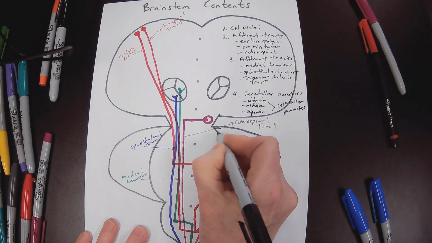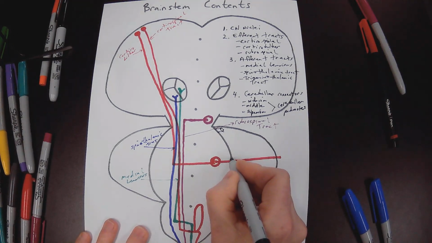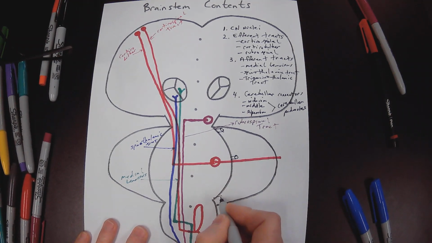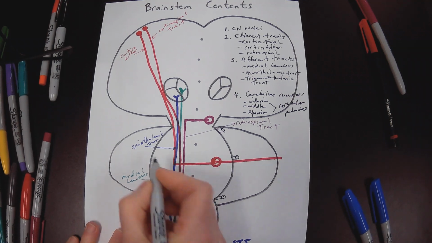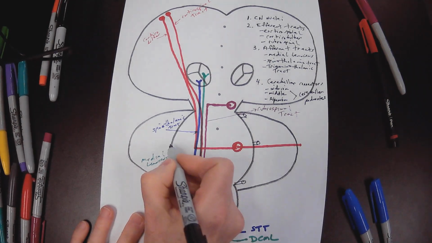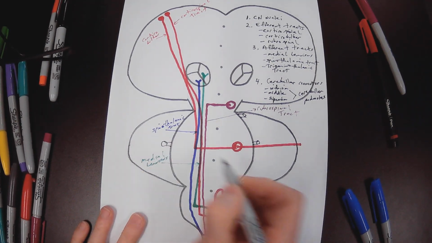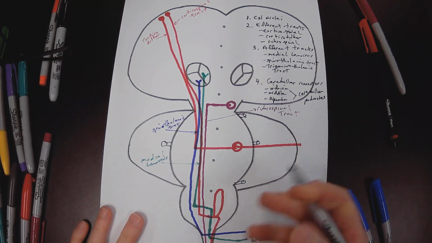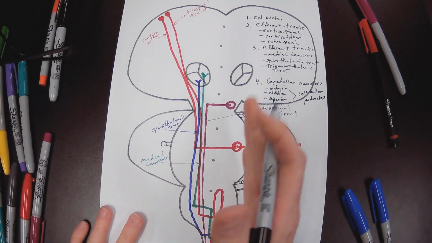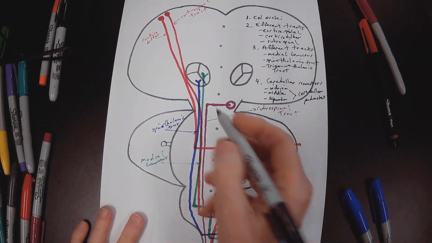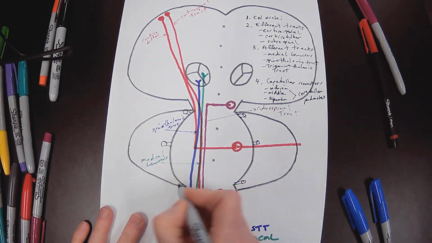Okay. And I can just sort of draw them in loosely here on the side. There's your superior. Okay, and when you actually look at the brainstem proper, the superior and the inferior are actually traveling up and down in the middle, side to side. So we'll point that out when we get there.